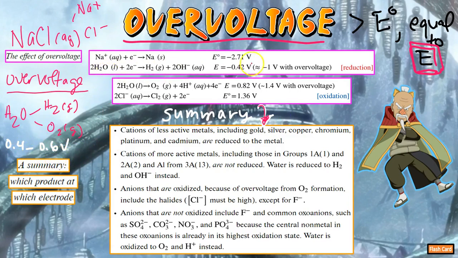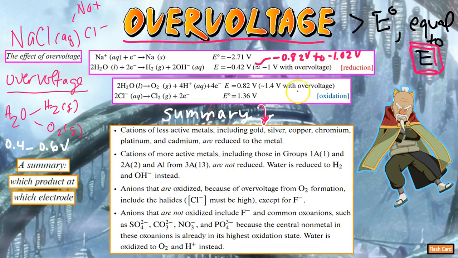Therefore, if I have water acting in a redox reaction for reduction, acting at the cathode, and it has a non-standard cell potential of negative 0.42, my range starts at negative 0.82, because I will be adding 0.4, all the way up to negative 1.02, because I'm going to be adding 0.6 to my overall standard or non-standard cell potential. Okay, so that's what overvoltage does. It adds in this overall range.